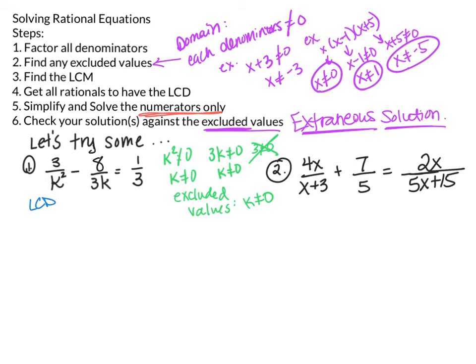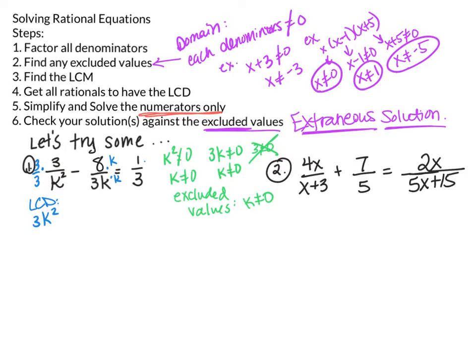For my least common denominator, I'm going to need a 3k squared. That will include everything in the denominators. Moving forward, what would we need to multiply each of those fractions by? Well, the first one's going to have to get multiplied by a 3. The next one's going to have to get multiplied by 8k.